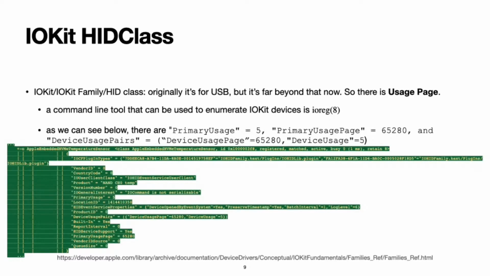As we can see below, there are primary usage equals 5, and the primary usage page equals 0xff00, and 280. And the device usage pairs equal to its device usage page and the device usage.